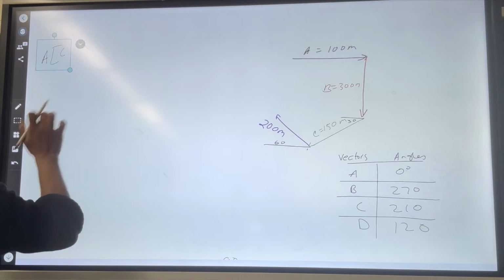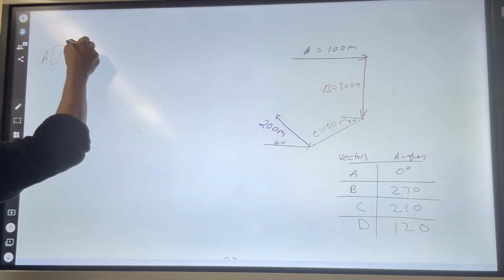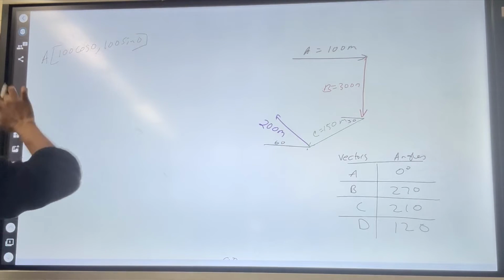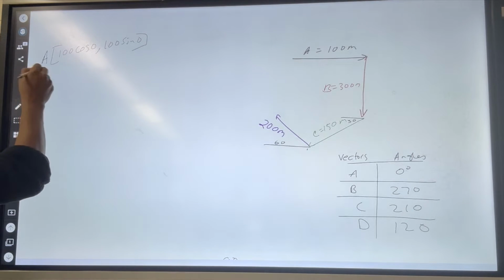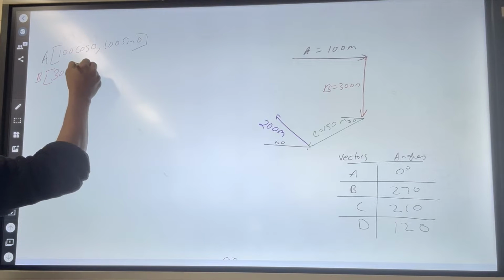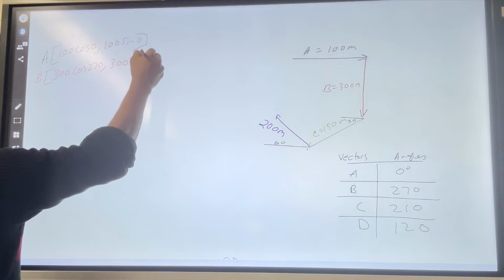Vector A: 100 cosine 0, 100 sine 0. Vector B: 300 cosine 270, 300 sine 270.